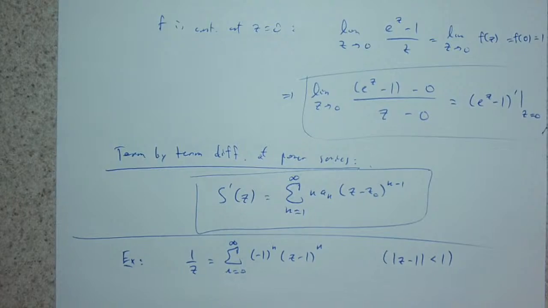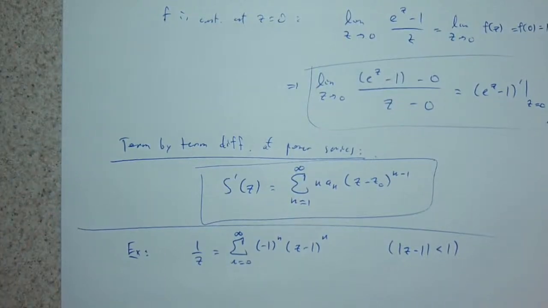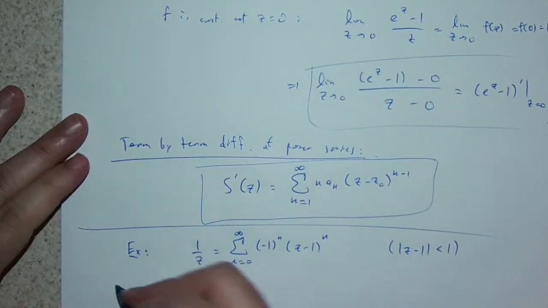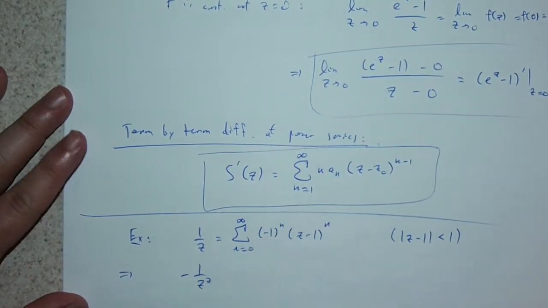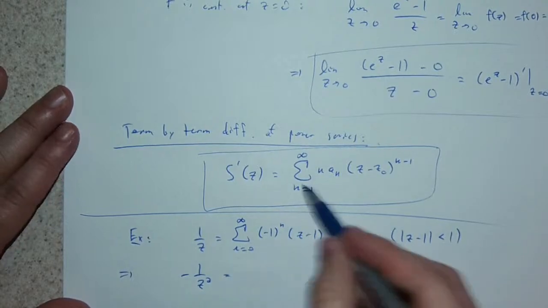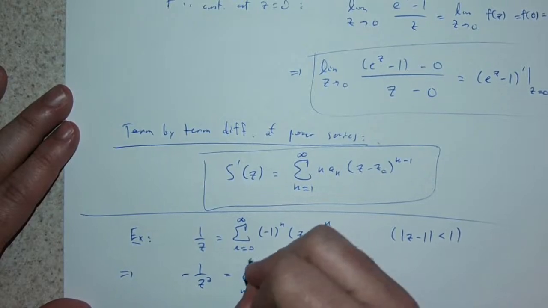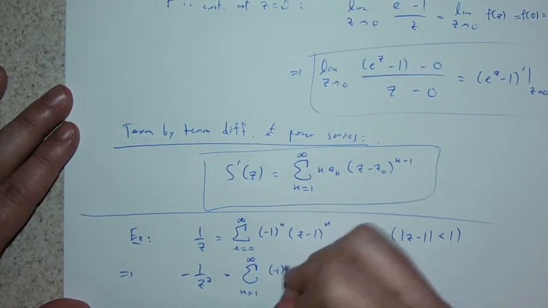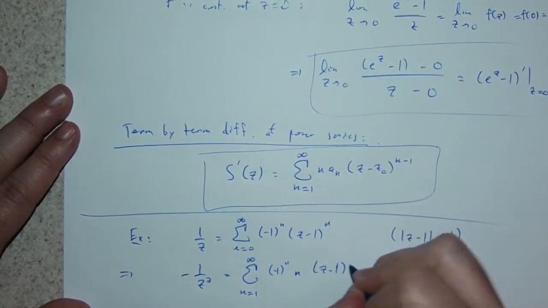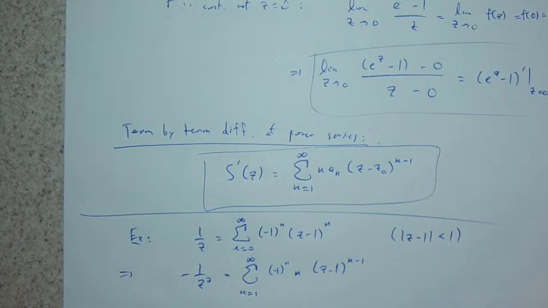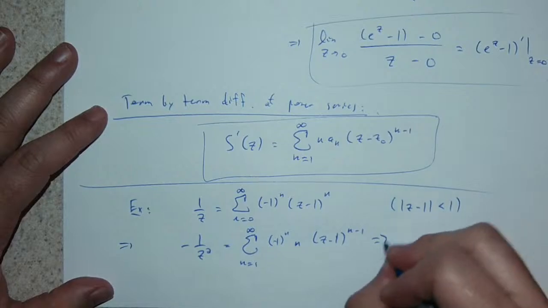Okay. So then if I start out with this identity and I take the derivative of both sides, then taking the derivative of the left-hand side, well, that's easy enough. That's minus 1 over z squared. If I take the derivative of the right-hand side by this thing that I've boxed here, this is the sum from n equals 1 to infinity of minus 1 to the n times n times z minus 1 to the n minus 1. And so I can rescale this and multiply by a minus sign.